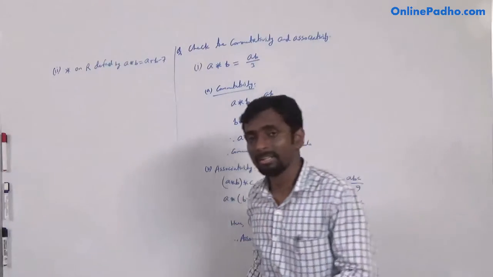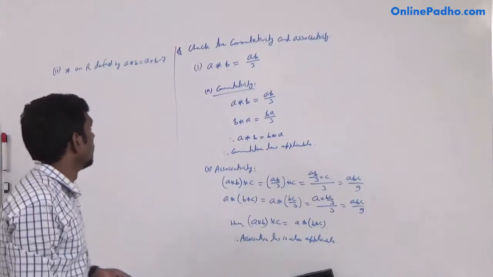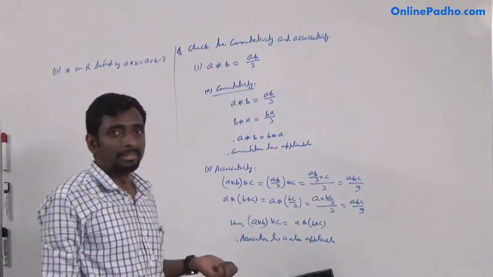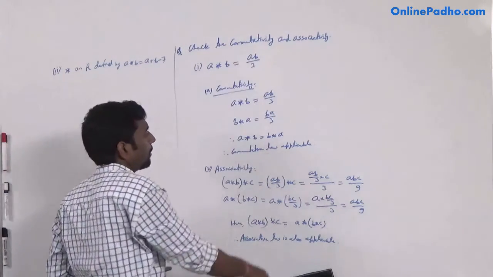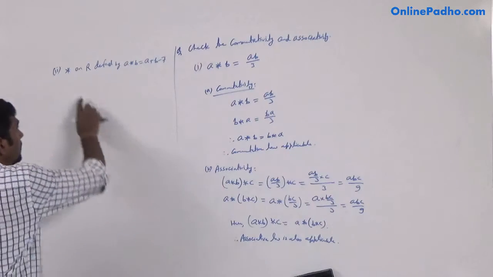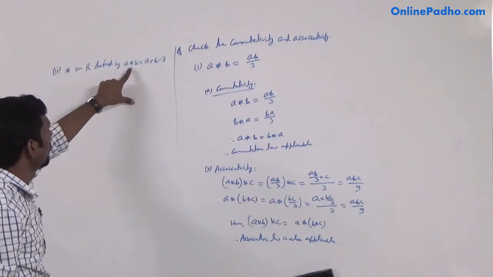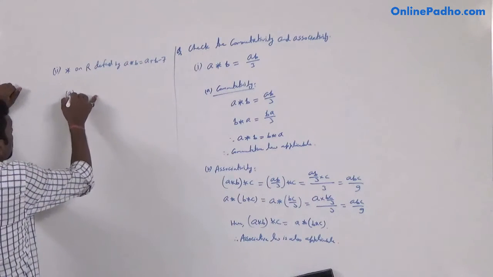If it is not given in the question whether it is a natural number, real number or integer, then it must be the real number. But in this case, it is already given as star on real numbers, so A and B both must be real numbers. In this case, first we have to check the commutative law.